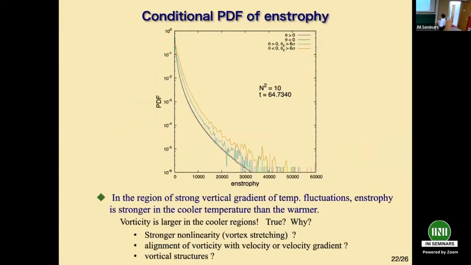And there's another kind of asymmetry in the cold and warm areas. This is a conditional PDF of entropy. Entropy is the magnitude of vorticity.